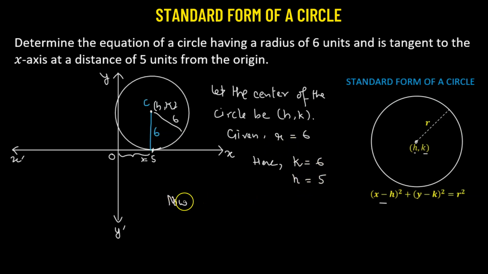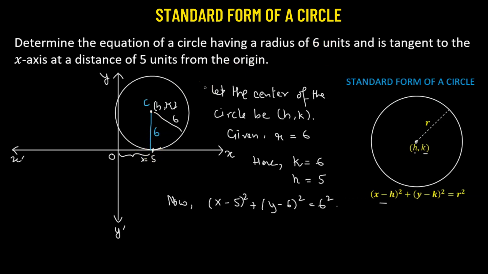So now we will get (x minus 5) whole squared plus (y minus 6) whole squared, and this is going to be equal to the square of the radius. So we have successfully found out the equation of the circle, which has a radius of 6 units, and it is tangent to the x-axis at a distance of 5 units from the origin.